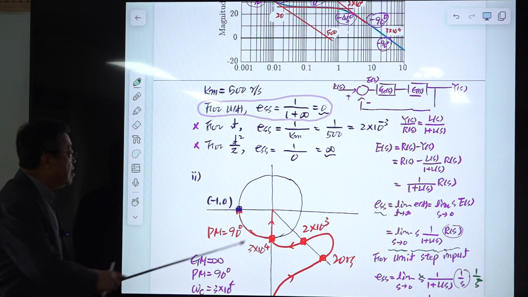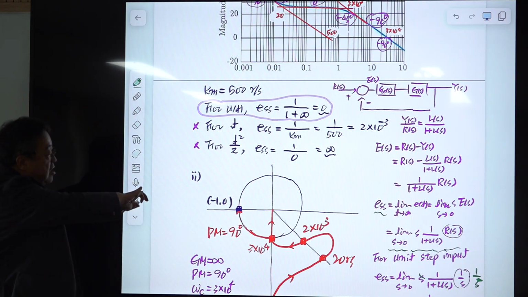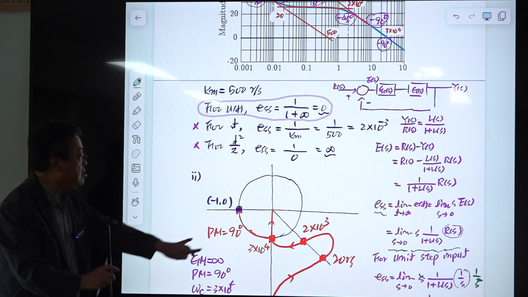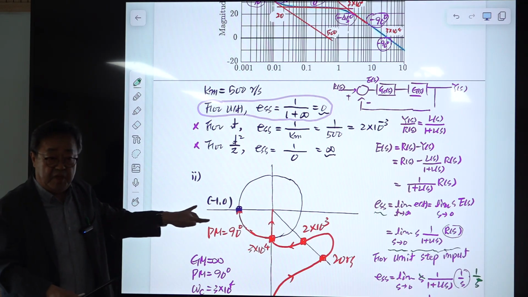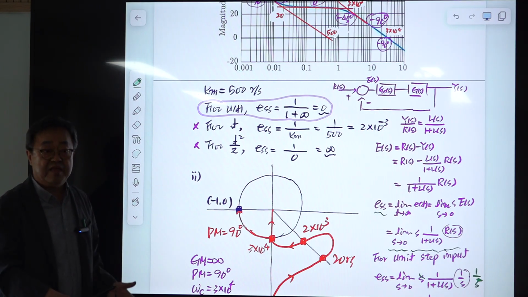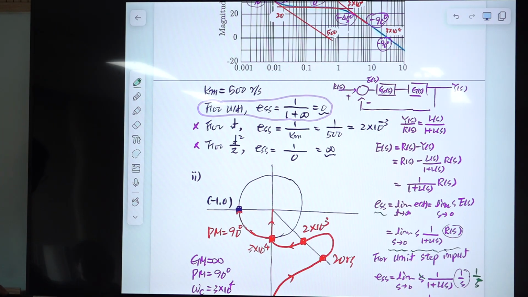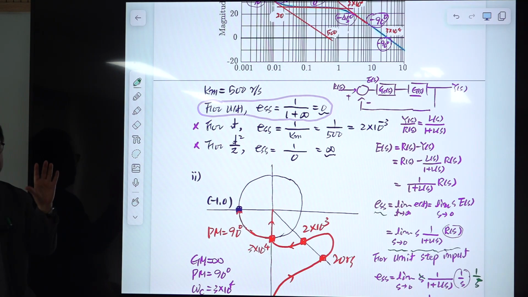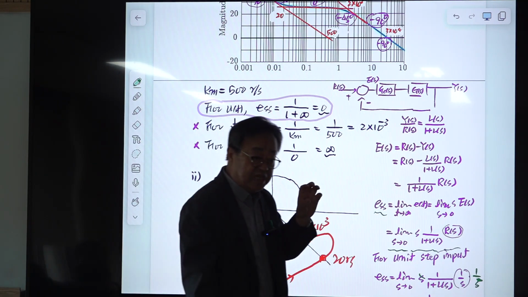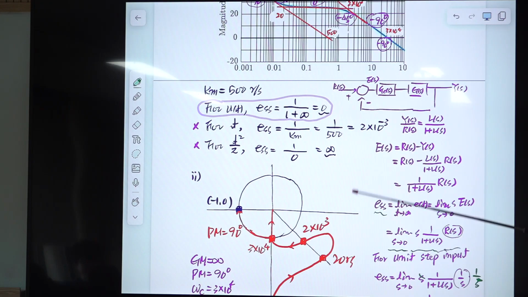And phase margin, this shape is fixed. You are locating this. If you locate this at minus 90 degree, then this point goes to here, and the system starts oscillating. That phase margin is 90 degree, okay? You may wonder how you introduce 90 degree phase. Just add one pole. Then eventually that will introduce a phase delay of 90 degree at infinite frequency.